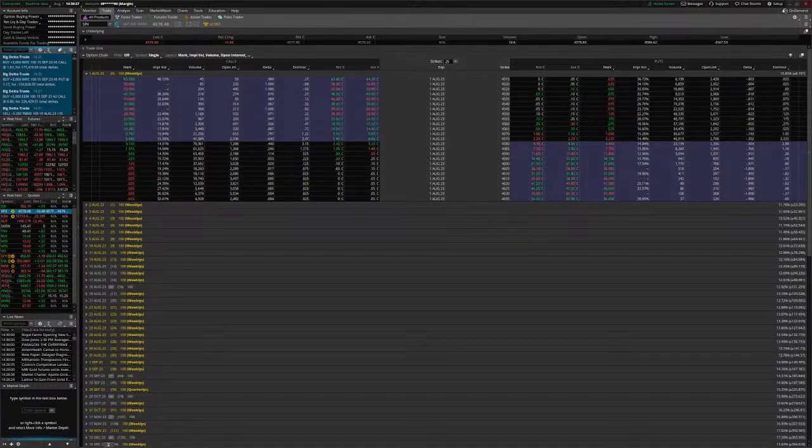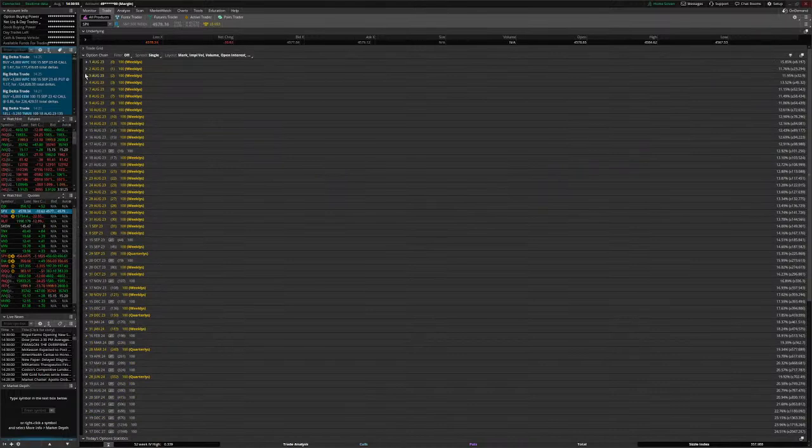Notice here the volume on the left, open interest on the right. The open interest numbers will not change today, and the volume numbers will change constantly during the day. That's the volume of contracts bought or sold. Those are calls. All right, so there you go. There's the difference between open interest and volume.